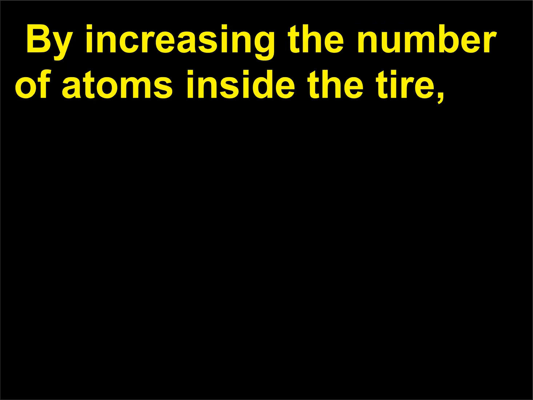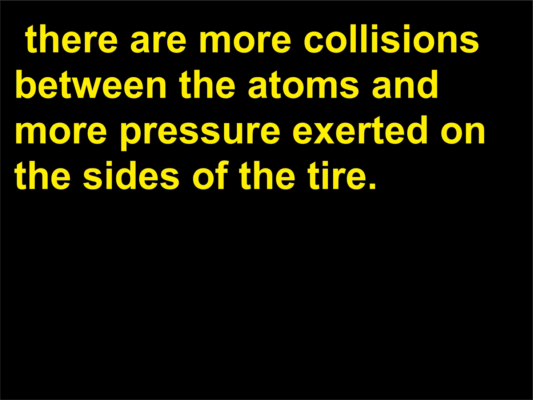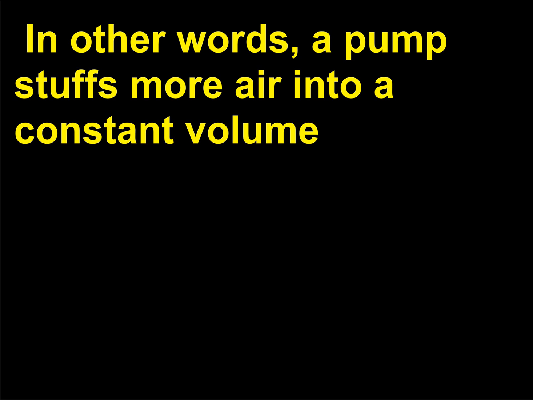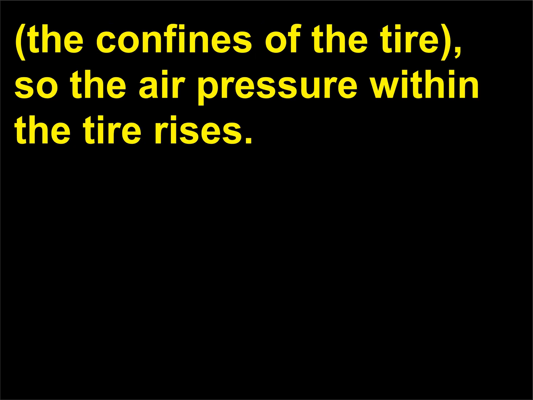By increasing the number of atoms inside the tire, there are more collisions between the atoms and more pressure exerted on the sides of the tire. In other words, a pump stuffs more air into a constant volume, the confines of the tire, so the air pressure within the tire rises.